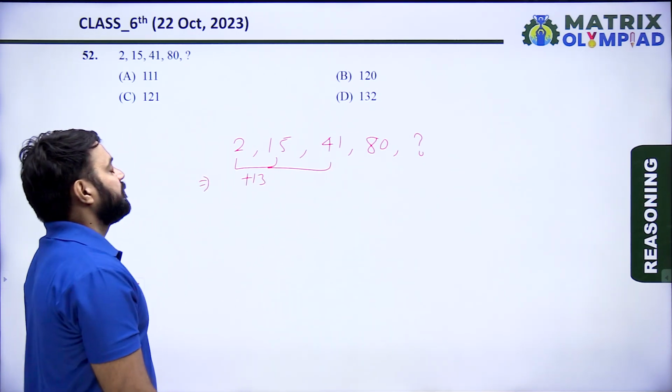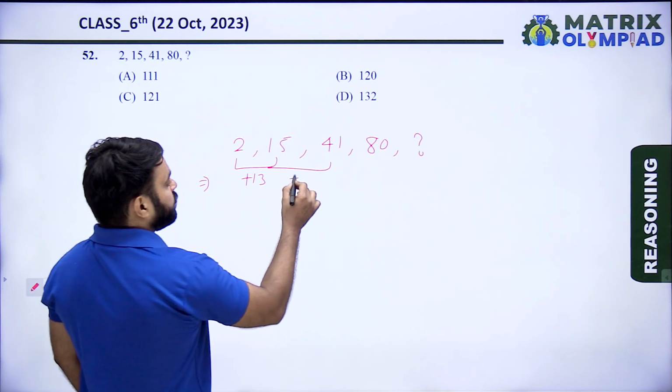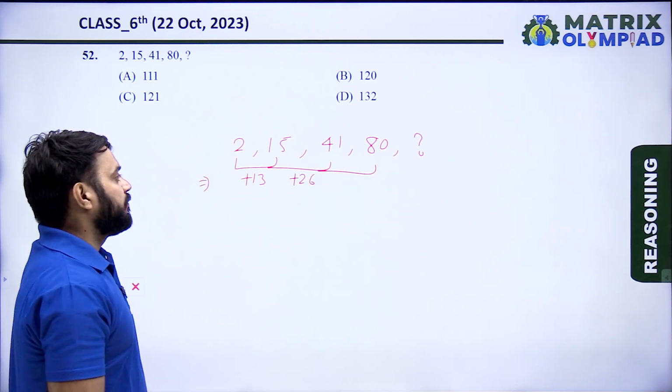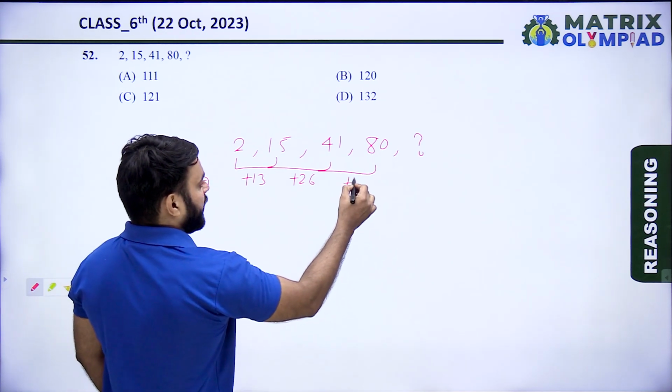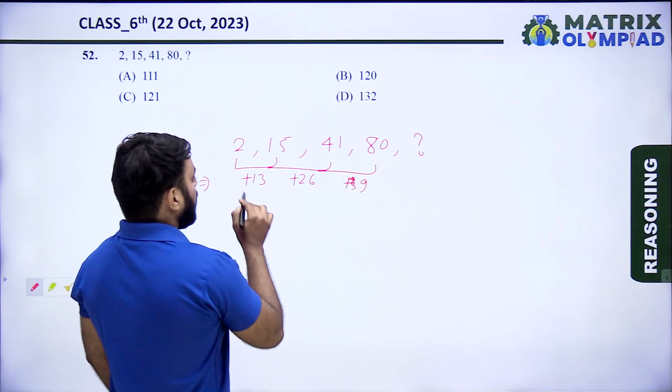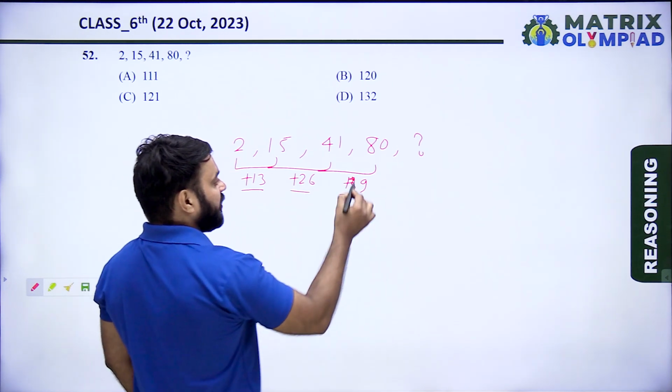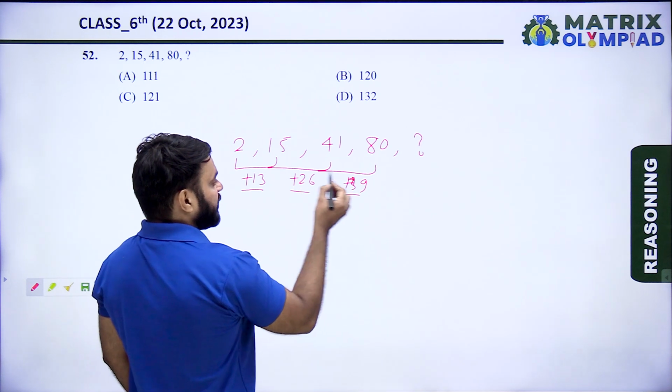Now 15 to 41 means plus 26. Now 41 to 80 means plus 39. So the pattern is plus 13, plus 26, plus 39.